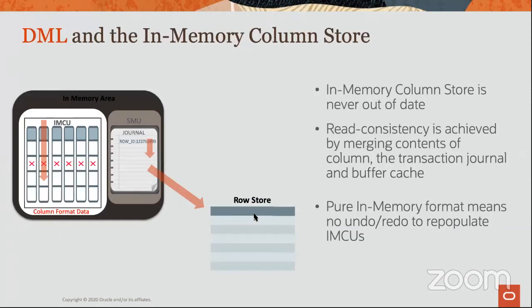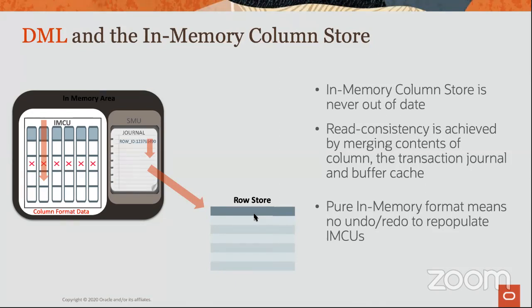Now, if data has changed, what happens when we scan the column store? If the optimizer has parsed your query and decided it's going to access data in the column store, we scan the column store and see, wait a minute, some values have been changed. We need to go to the row store to get the most current value for those columns.